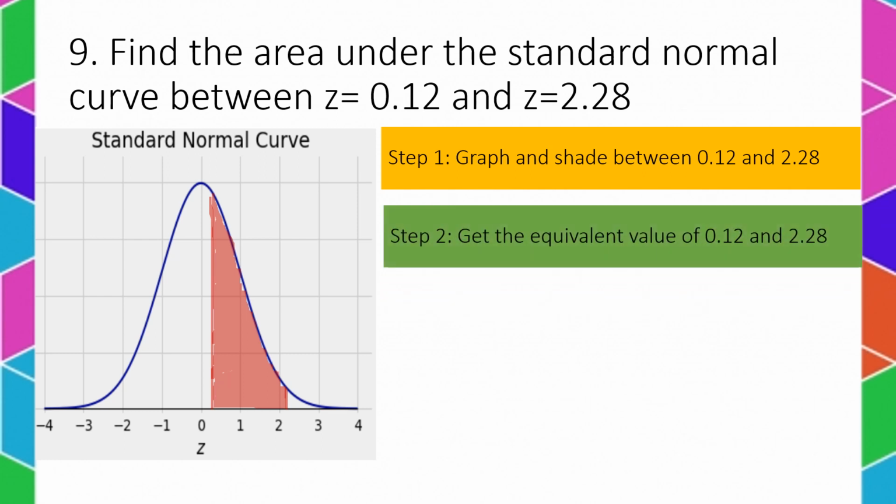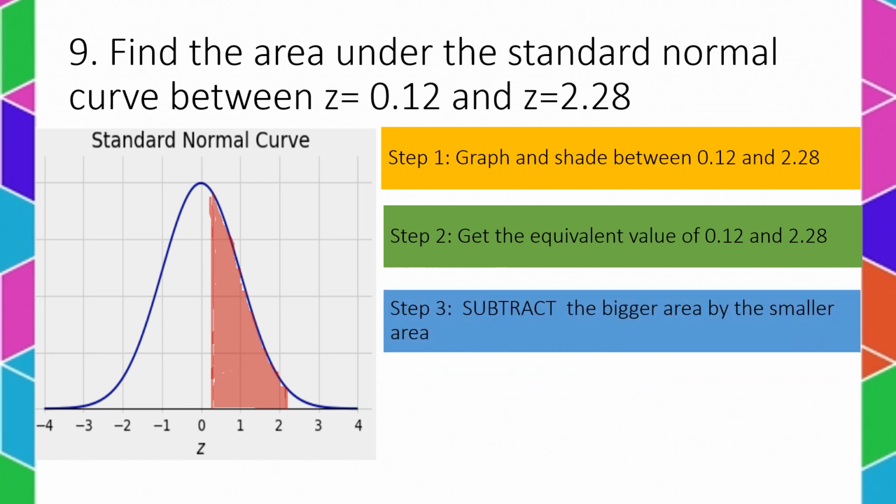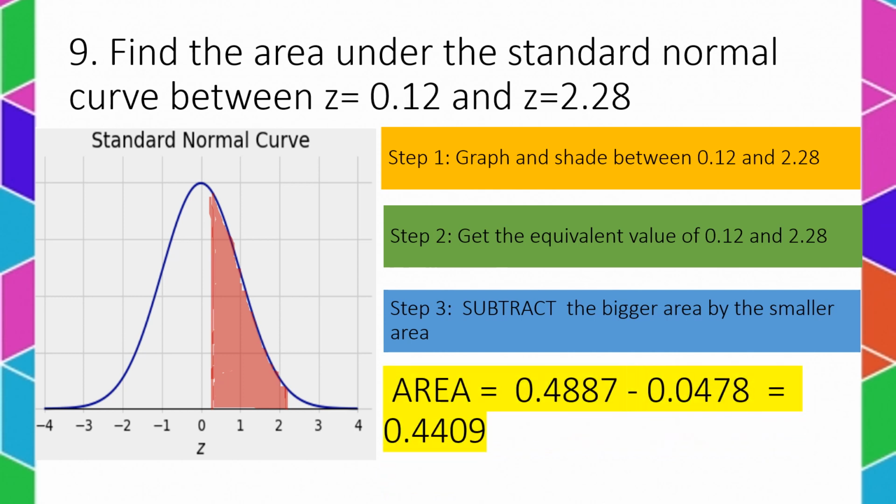Okay? So, find first the equivalent value. So, 0.12 and 2.28. The corresponding value from the table is 0.4887. That is the corresponding area of 2.28.